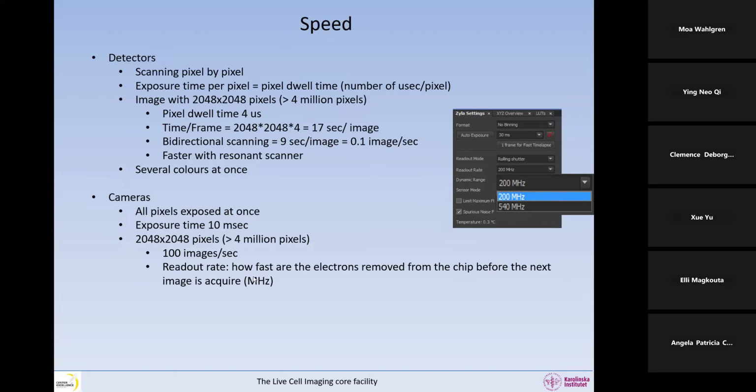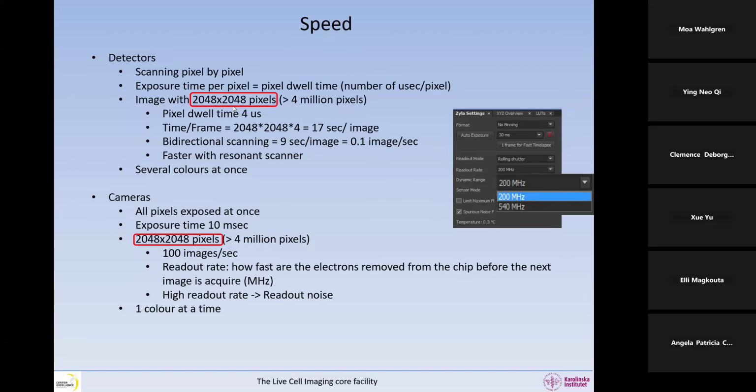This one is how fast we acquire an image, and then we wipe off all the electrons before we expose again. So how fast can we do that? This is the readout rate. If you have a high readout rate, you're going to create noise, and we will talk about noise now. So there is a balance to be had between going faster, removing all these electrons quickly, or creating noise in the image. And in a camera, in general, you can image only one color at a time.